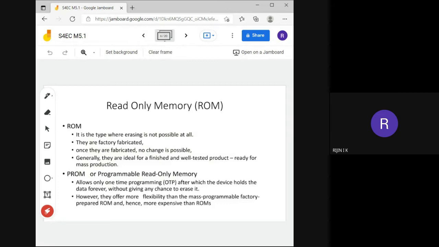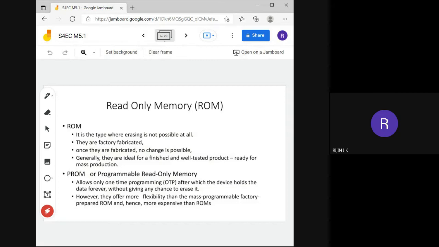It allows only one-time programming, after which the device holds the data forever, without giving any chance to erase it. That means we can program it once, and after that we cannot change or erase the content. So that is programmable read-only memory.